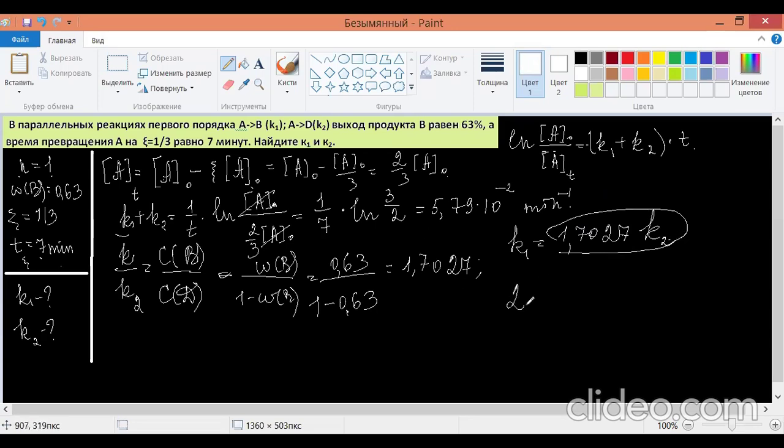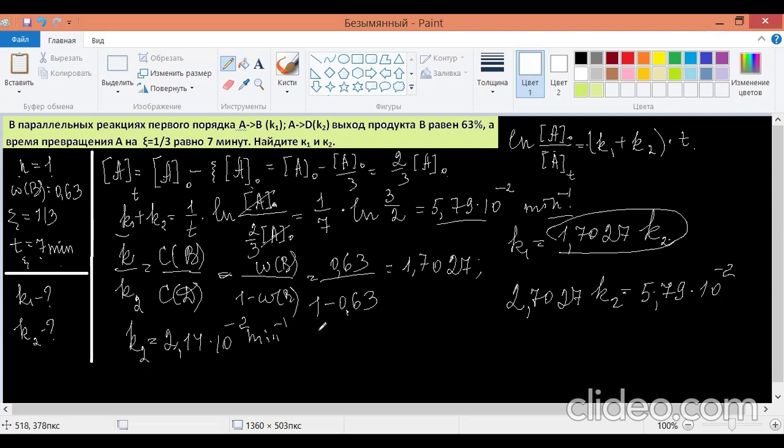Now we can substitute this K1 with what it's equal to in terms of K2, and finally we will get that 2.7027 times K2 is equal to the sum which we already calculated previously, 5.79 times 10 raised to minus 2. And now we can get the magnitude of the second rate constant. It's 2.14 times 10 raised to minus 2 minutes raised to minus 1.